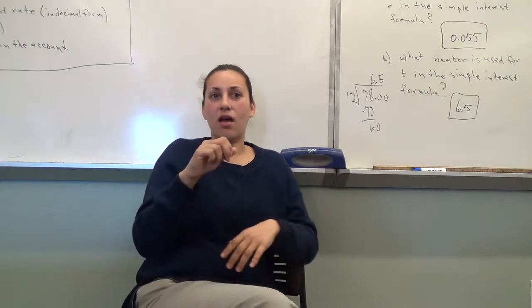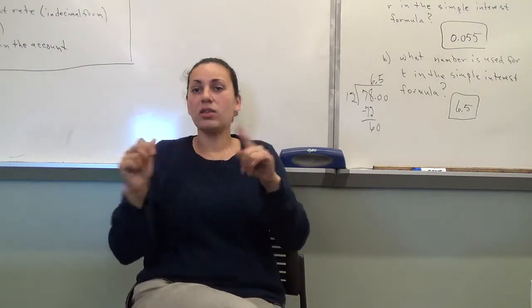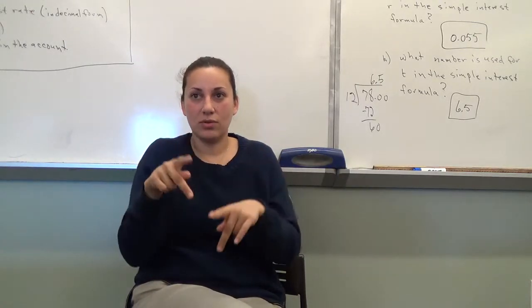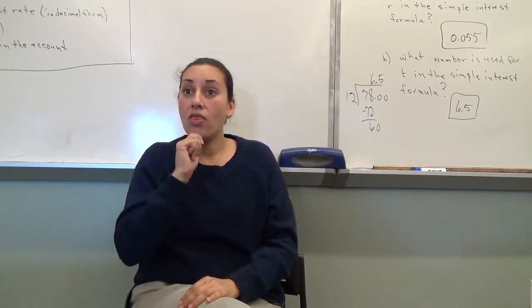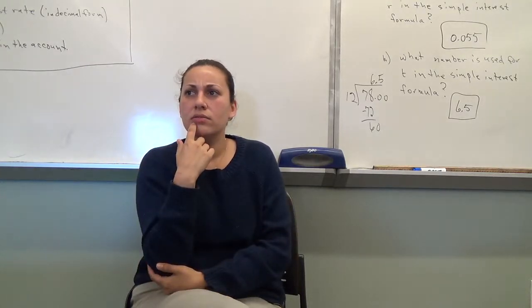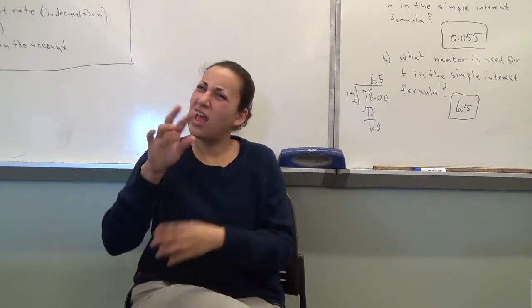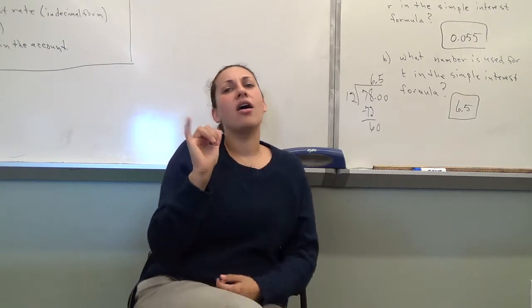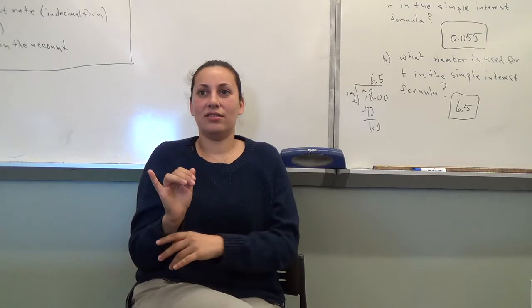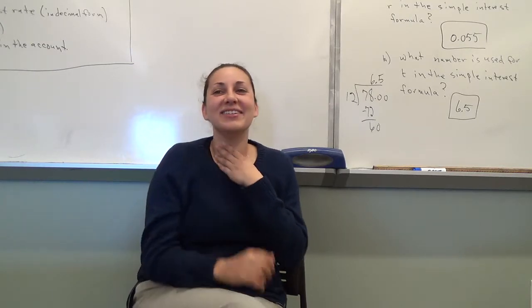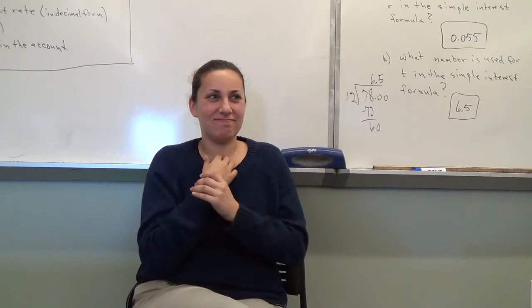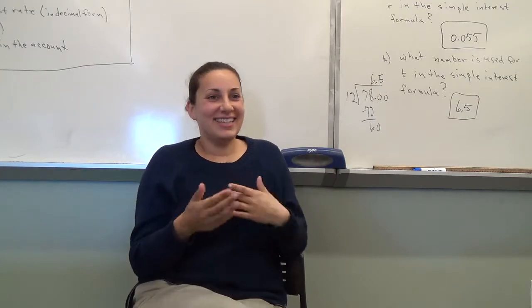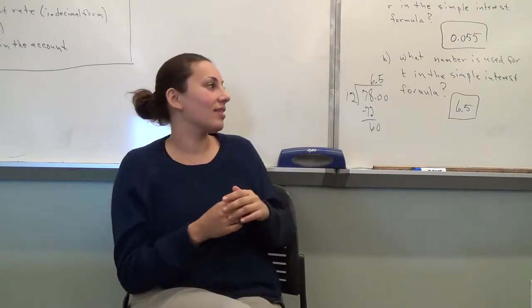Now, this N is used twice. It's 1 plus R over N, and then N is also part of the exponent on this quantity. So you'll need to figure out what this is first, and then raise it to this power. So let's do this same problem using this formula. If you are interested, you can probably convince yourself that this works, because at the end of the first year, it's just 1 plus the rate, 0.08, so 1.08 to the first power, which is just the principal times 1.08.